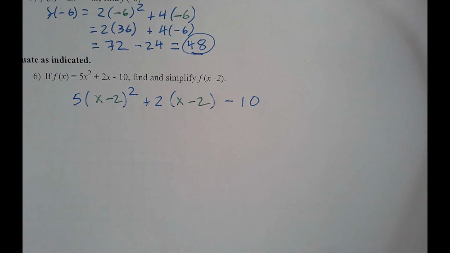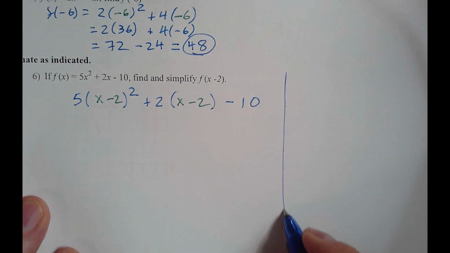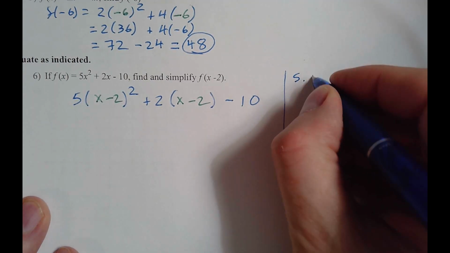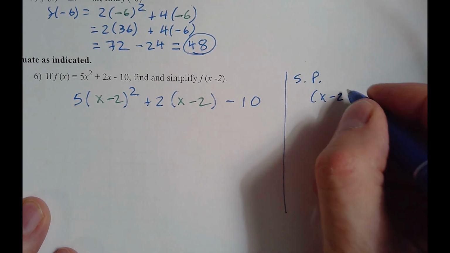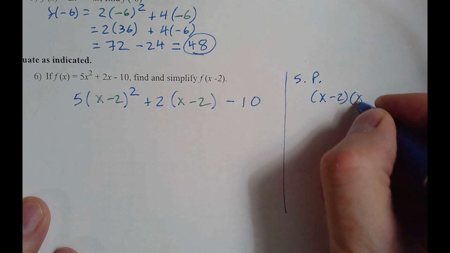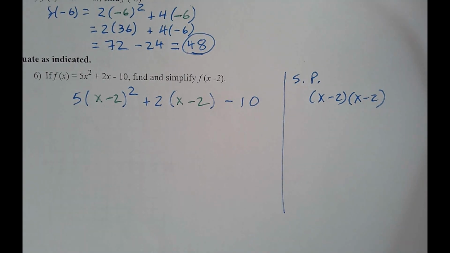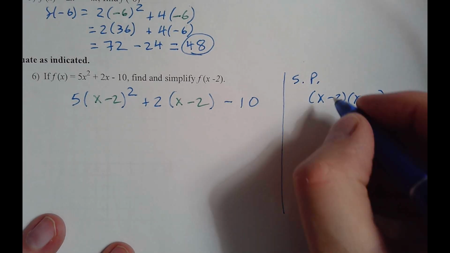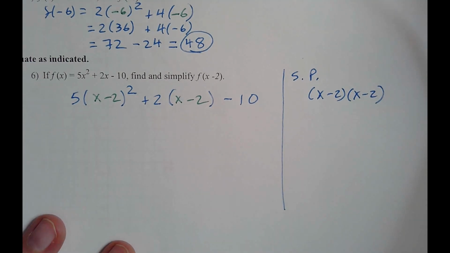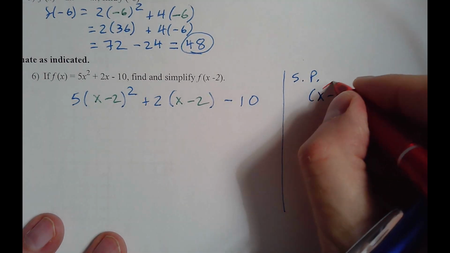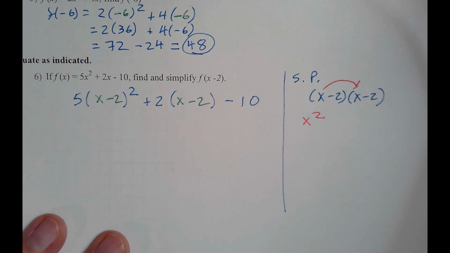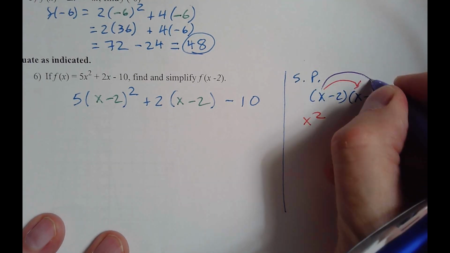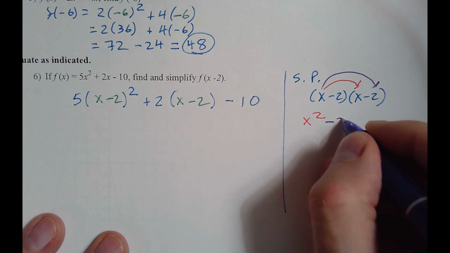And I'm going to go off to the side here, and I'm going to label this SP for scratch paper. I'm going to rewrite that as x minus 2 times x minus 2. I want to FOIL that out. So the product of the firsts, x times x is x squared. Outer terms, x times a negative 2 is a negative 2x.